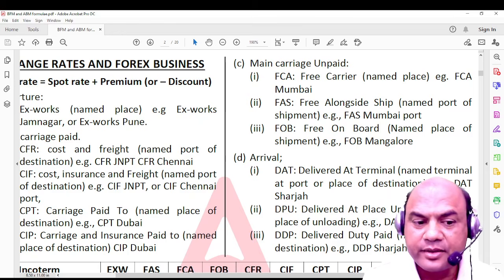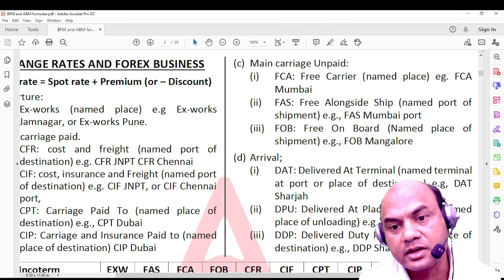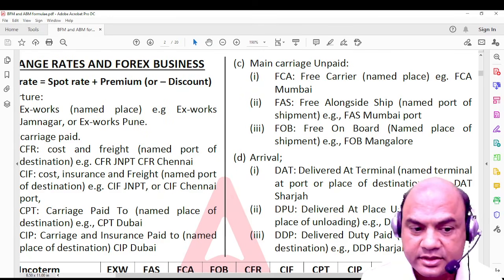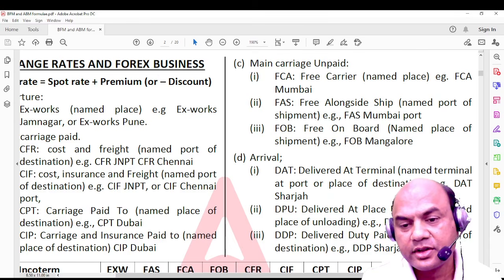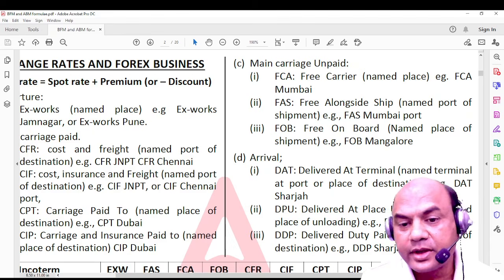Generally this FCA, free carriage, is used in terms of your trucks, other than ship. For ships we use FAS, free alongside ship. This FCA is not used in ships. It's used in trucks and other modes. FAS, okay?